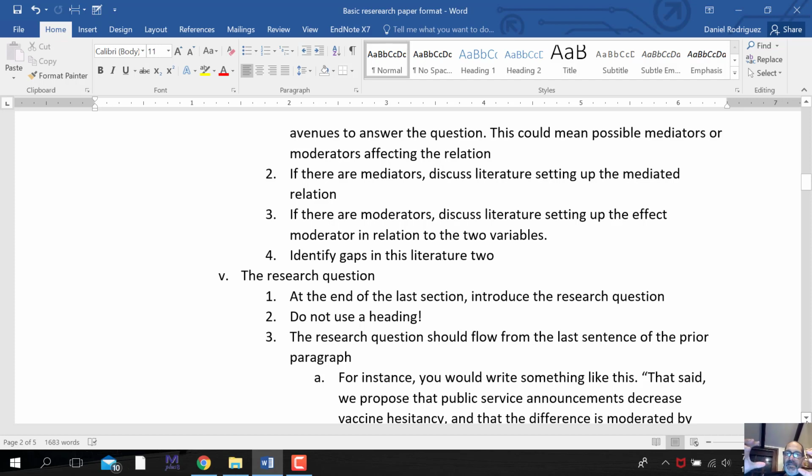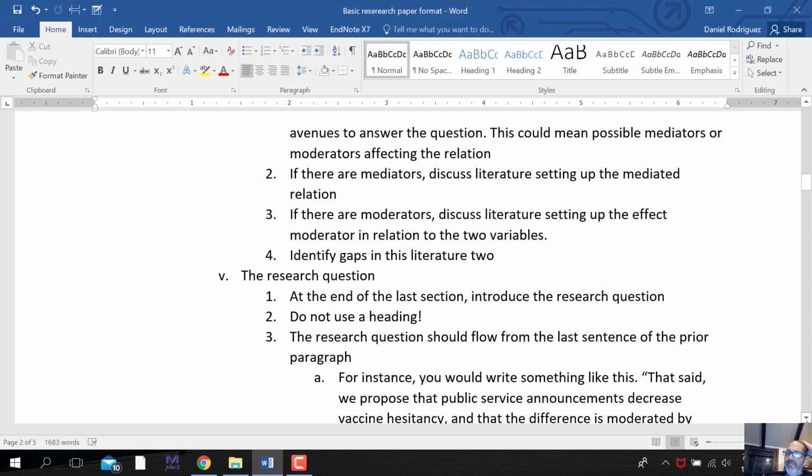If you identify something, and sometimes you can identify these mediators by reading the literature. At the end of articles, in the discussion section, you might find the researcher saying something like, okay, maybe we should investigate whether beliefs about science impact vaccine hesitancy.